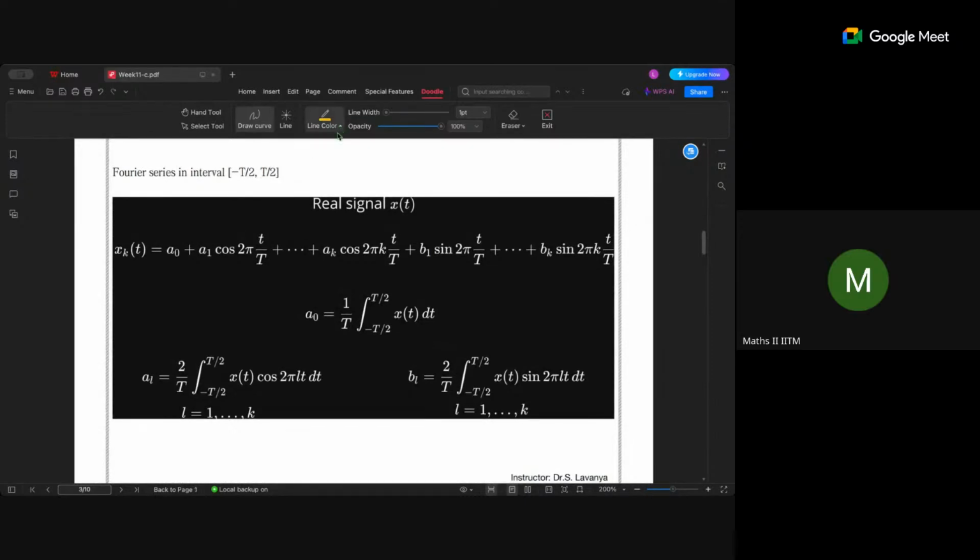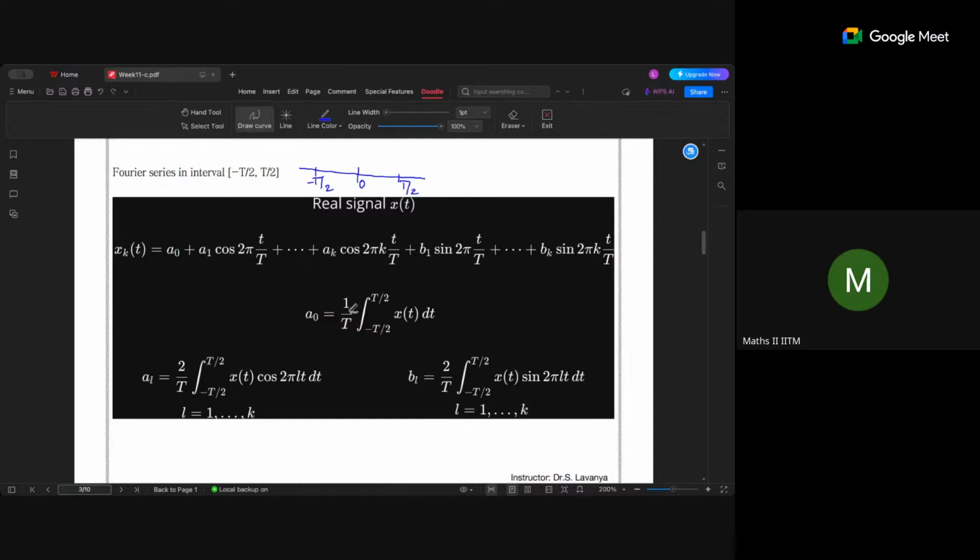You have the real line, and this is your origin, and here you have t by 2, and here you have minus t by 2. So what is the length of this interval? T. Again t, right? So now we are just looking at any interval of length t. So it is the same expression.